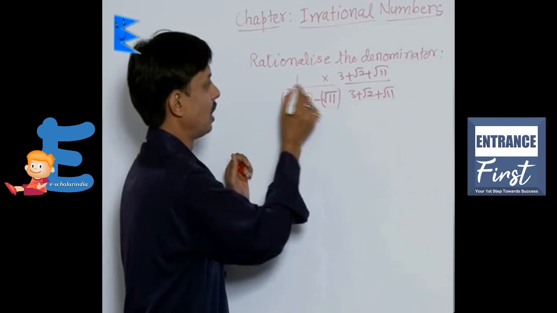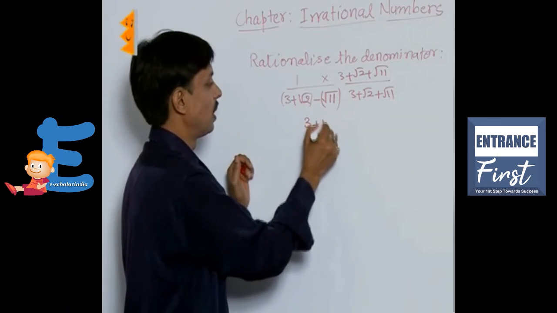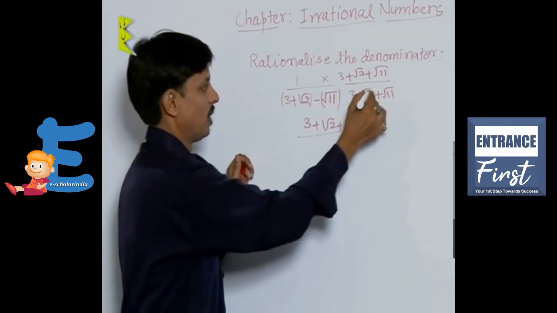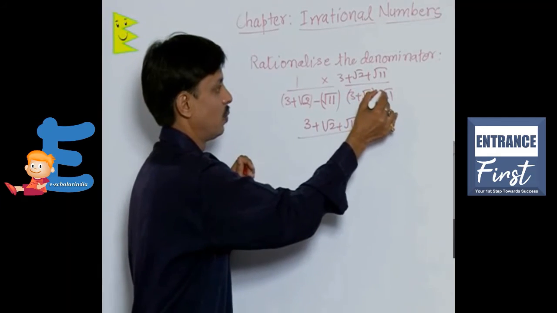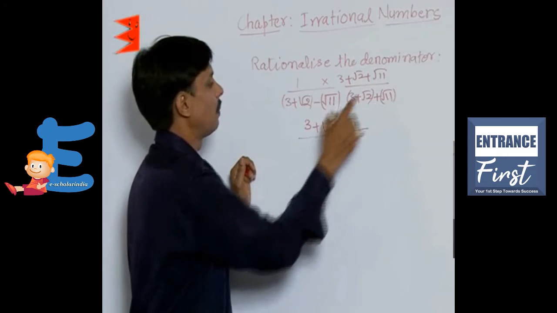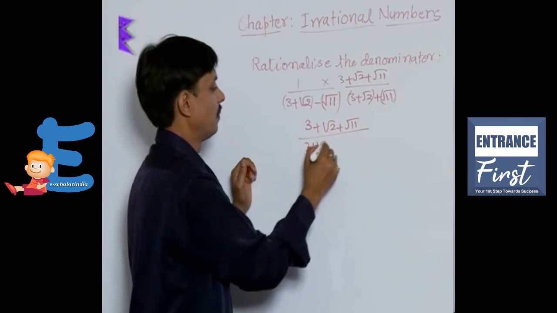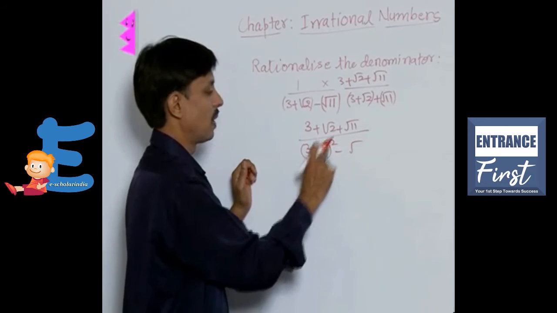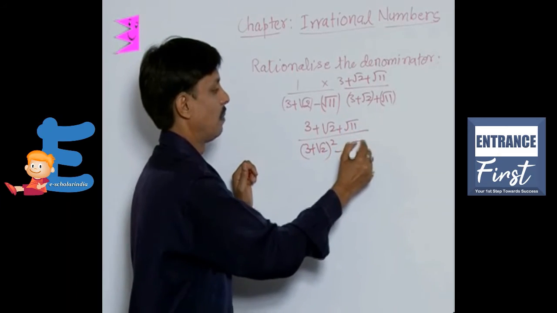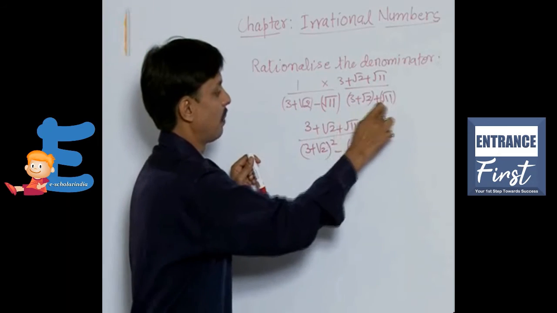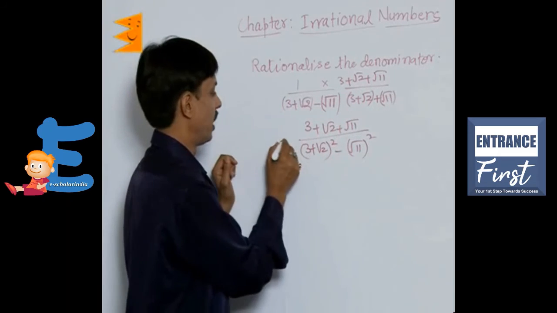Now, 1 when multiplied, this will be 3 plus root 2 plus root 11 upon, where this is considered as one term and this is another term. A minus b and a plus b become a plus b whole square, that is 3 plus root 2 whole square, and minus root 11 square. This is a minus b, a plus b, a square minus b square.